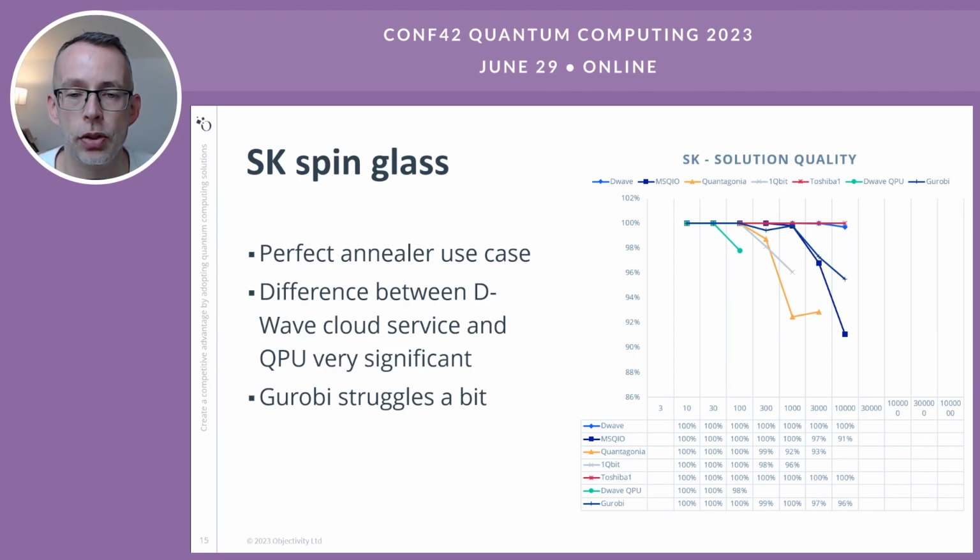So you can actually see that within the given time frame, Gurobi absolutely does a good job, but the quality of the solution starts to drop off a little bit at the larger sizes, especially 3,000, 10,000 variables. This is really the kind of territory where an annealer works very well.